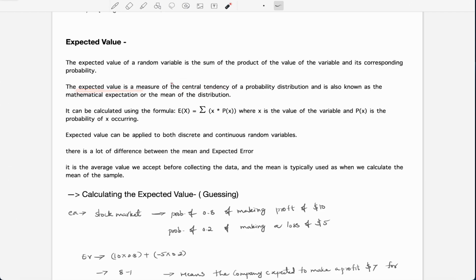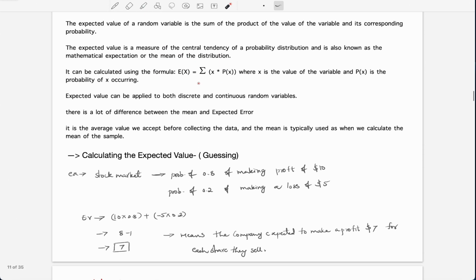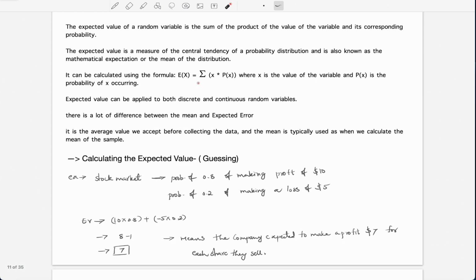The expected value is a measure of that central tendency, which includes mean, mode, and median, and is also known as the mean of the distribution. I don't know whether it will be understandable or not, but I will try my best to help you understand.